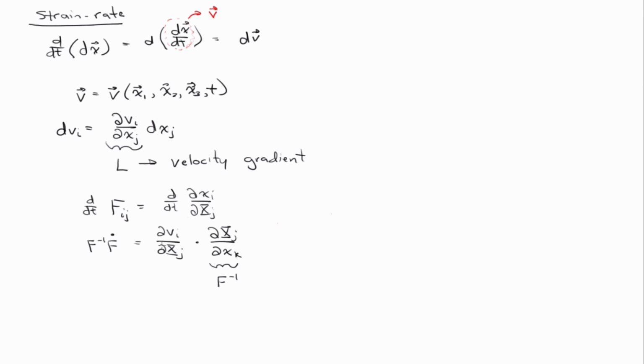And if I do that, then the big X's cancel, and I have dv_i, dx_k, right? So that is L, right? That's how we just defined L. Look right here. This is the same as that. So that's equal to L.